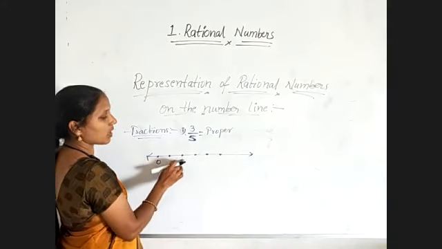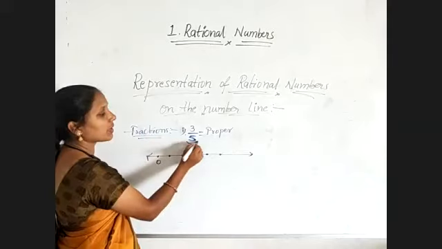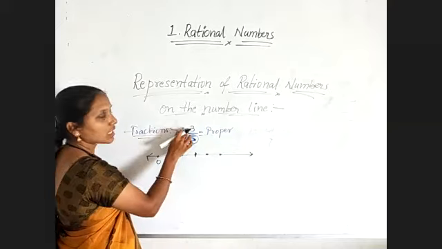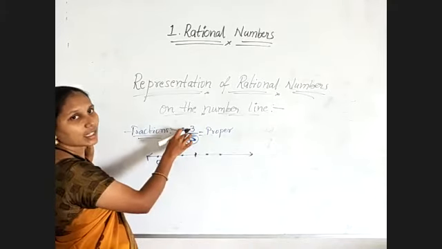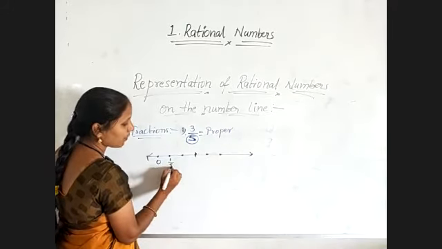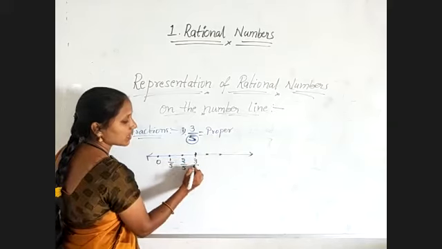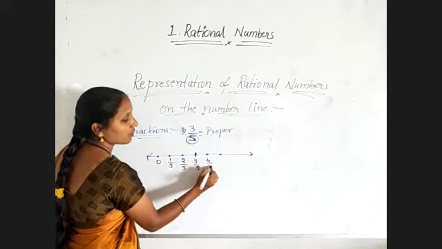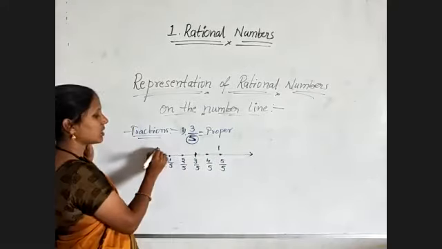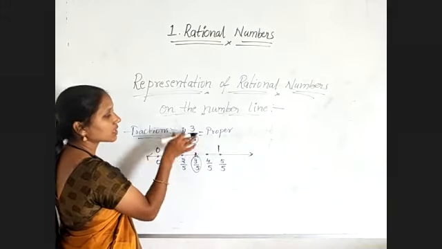What is the third part? 1, 2, 3. Here we will get 3 by 5. So the denominator indicates the total divided parts, and the numerator indicates the selected parts. Because of denominator 5, I am writing 1 by 5, and the next number is 2 by 5, then 3 by 5, 4 by 5, 5 by 5. 5 by 5 is nothing but 1. And here 0. So just observe, 3 by 5 is in between 0 and 1 because it is a proper fraction.